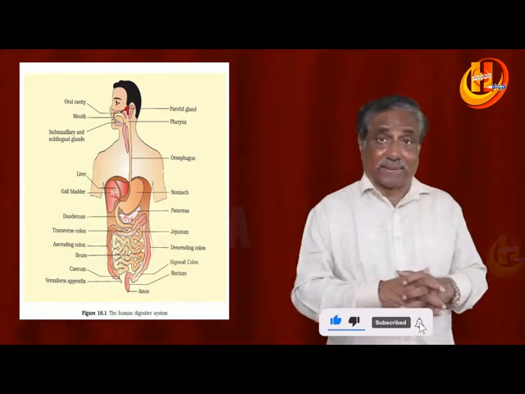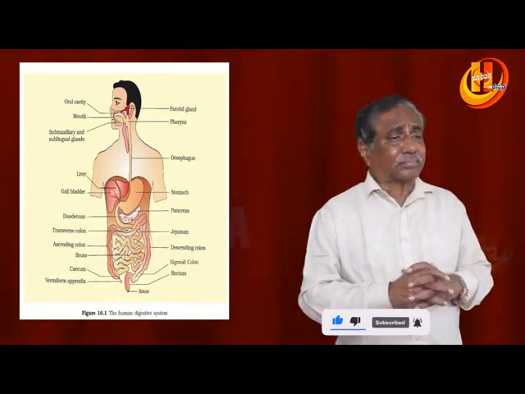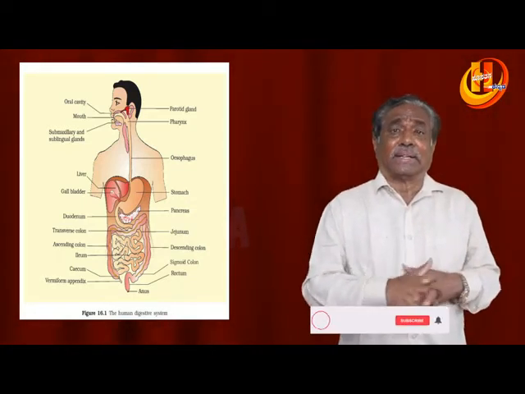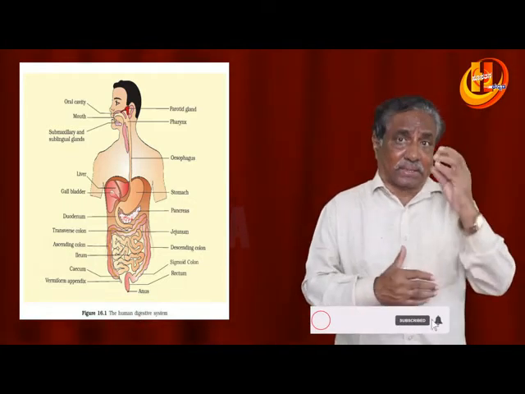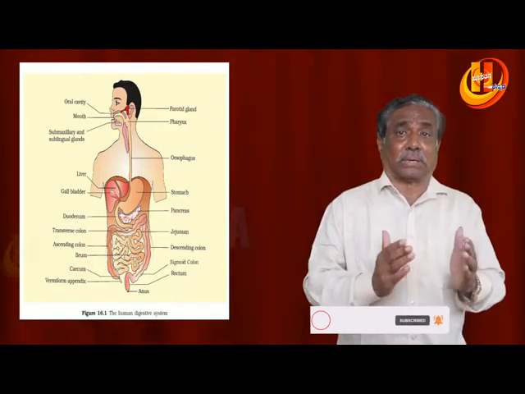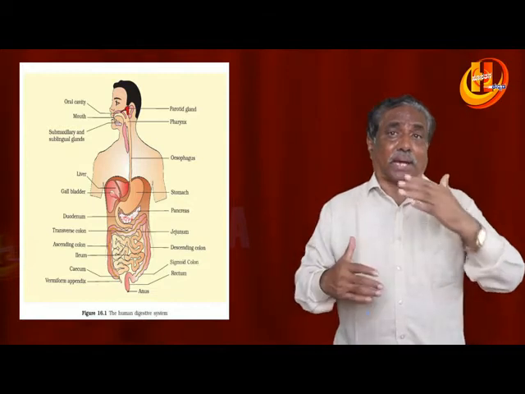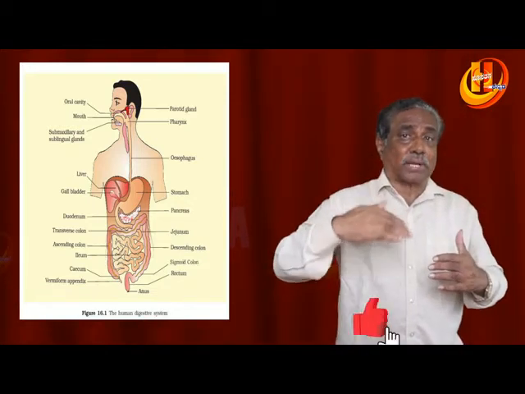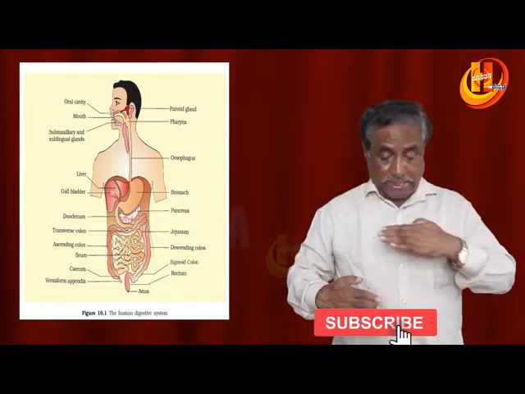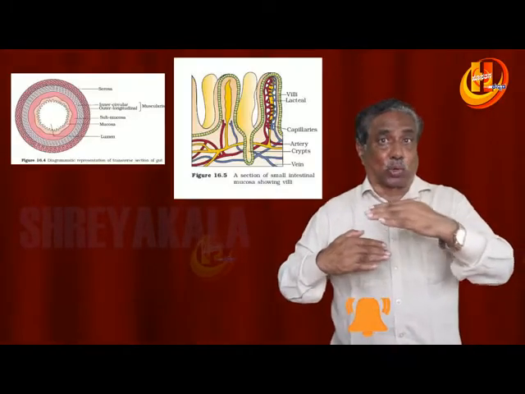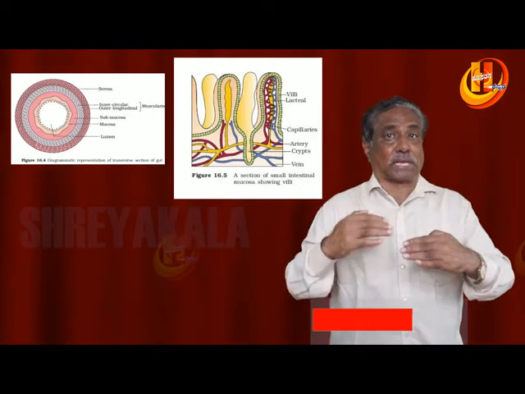All these things are the enzymes secreted by the intestine. Next, as I am telling you about the histology of the intestine, not completed: serosa, muscularis, submucosa, and then above this, mucosa.